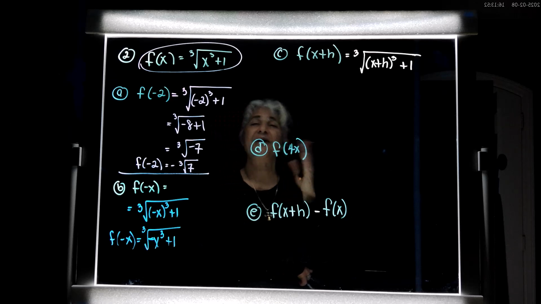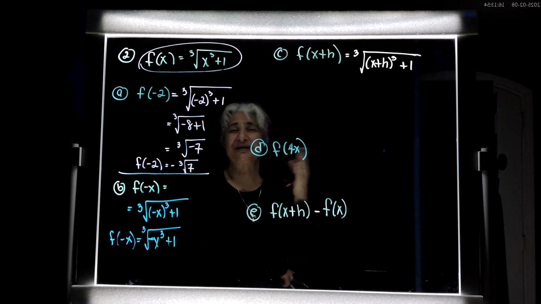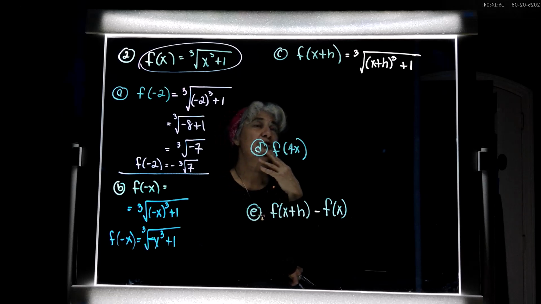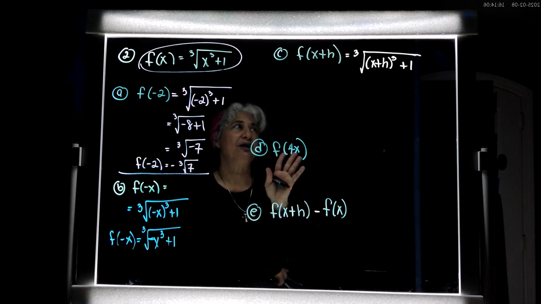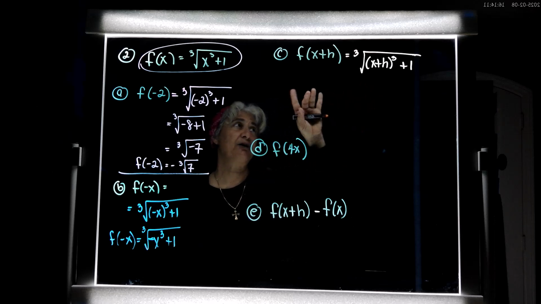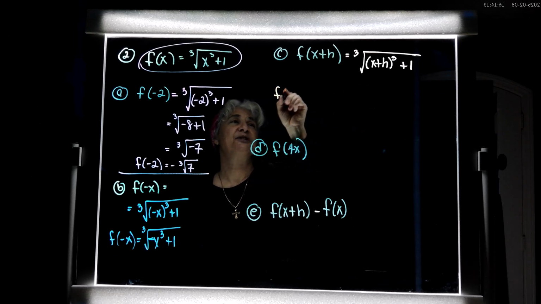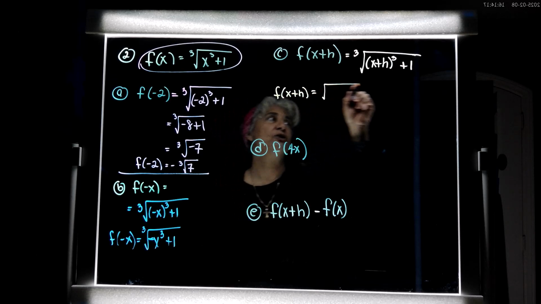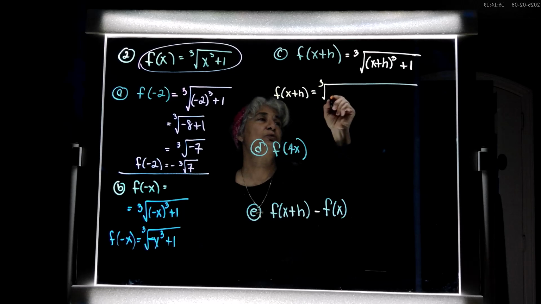Which means I'm not going to be able to take the cubed root of them separately. So I really don't know why I should literally distribute that out, because I can't simplify it. And if you're like, yeah, but letter E is going to need it. Okay, I get it. I personally would leave it like that, but this is what it looks like. And if you don't believe me, go pause the video and work it out yourself.